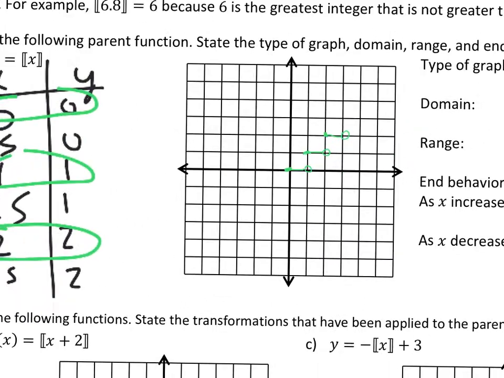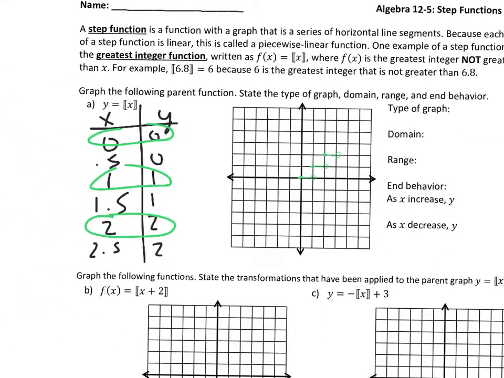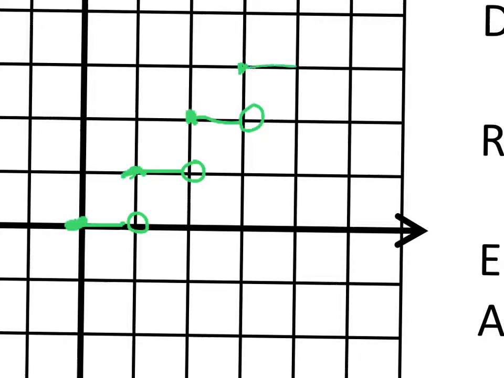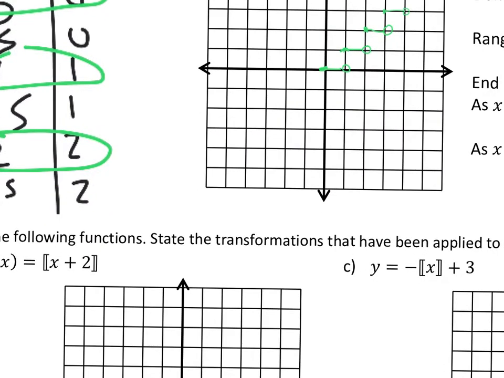So I'm going to show a line, but the output cannot equal the x value. It cannot be greater than the x value, so I'm going to put an open circle there for not included. Same thing here. I'm going to continue my line, but an open circle for not included. So now I have a bunch of linear functions, or pieces of linear functions. Now I'm going to continue the pattern both up and down the graph.